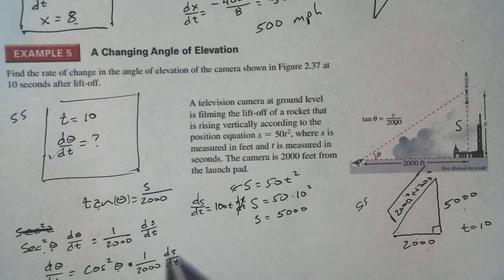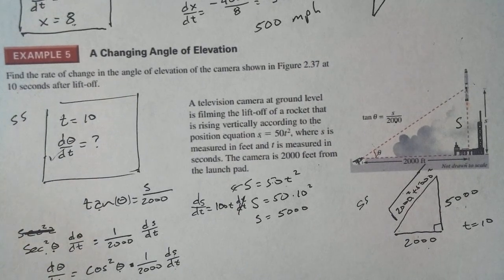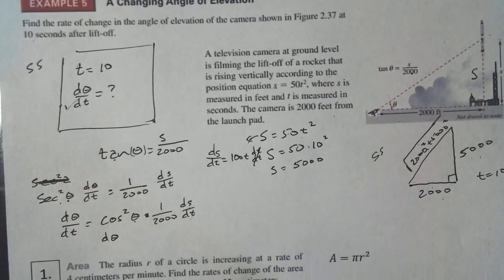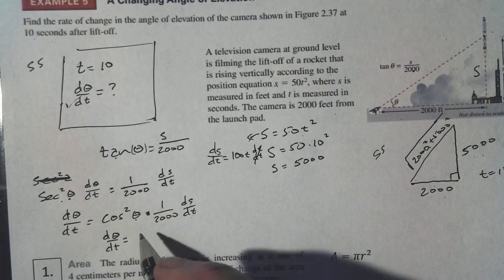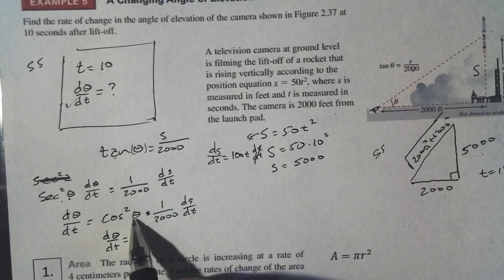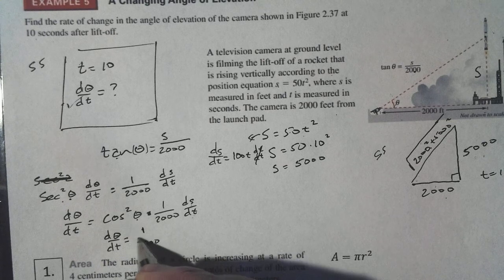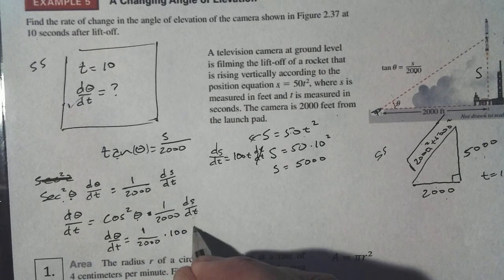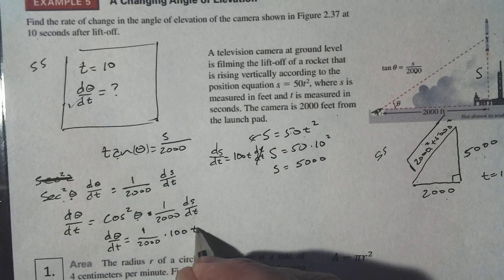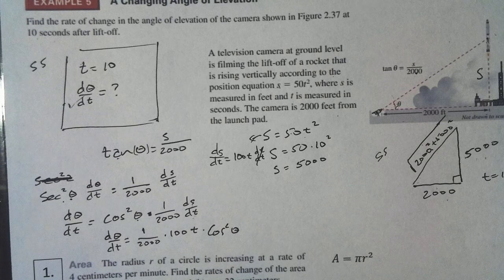So ds dt may be replaced with 100t. So d theta dt equals, I'm going to save this cosine squared for just a minute, 1 on 2,000 ds dt is always 100t times cosine squared of theta.